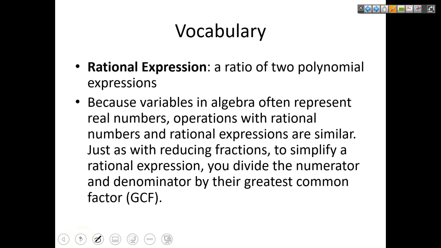So like I said, a rational expression or a rational function is a ratio of two polynomial expressions. If you think about the word polynomial, polynomial means it has a domain that is all reals. So polynomials have domains that are all reals. But what do we know about a denominator of a fraction?